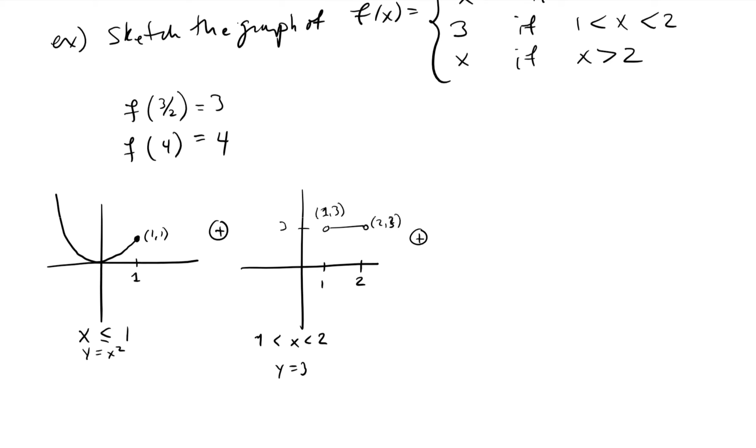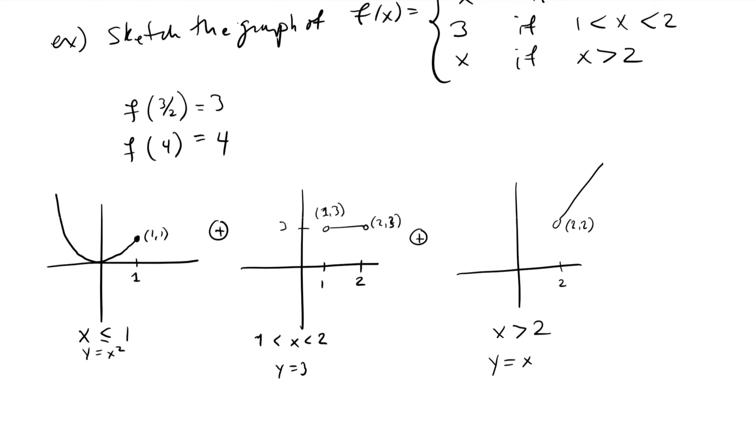Then we've got y equals x, and this rule holds when x is above 2. At (2, 2), but let's be careful, it's x greater than 2 strictly, so we have an empty dot there, and we just go up.